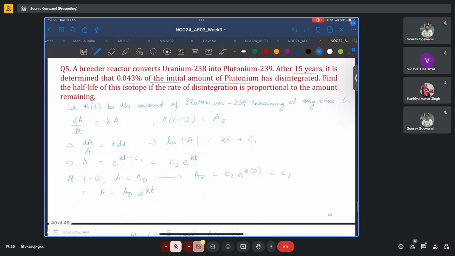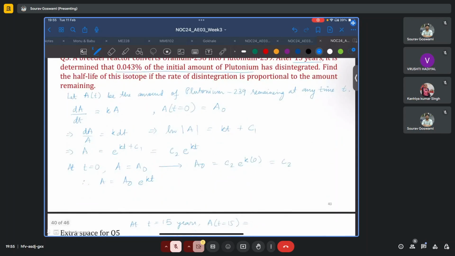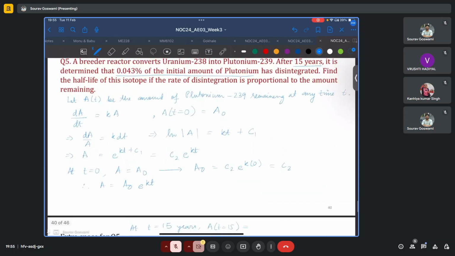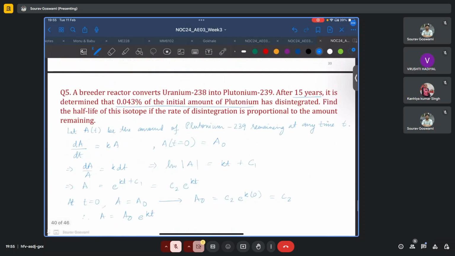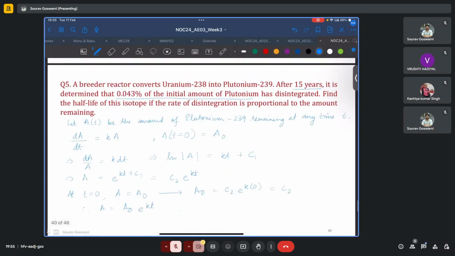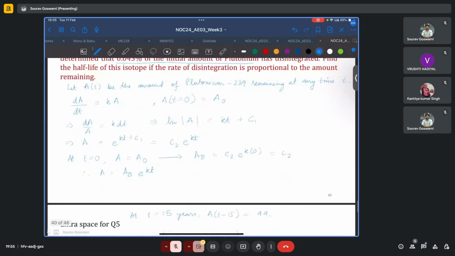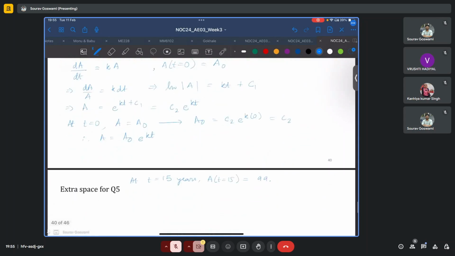What is the amount remaining? 0.043% has disintegrated, so 99.957% of the original is remaining, which is in fact 0.99957 A naught.